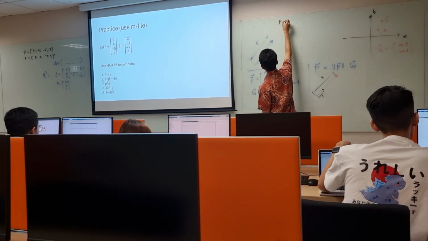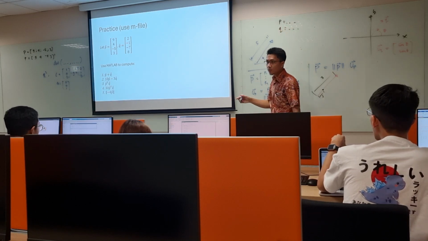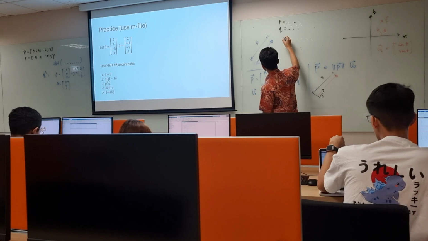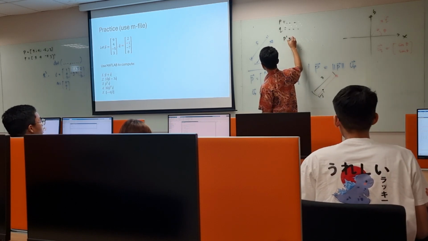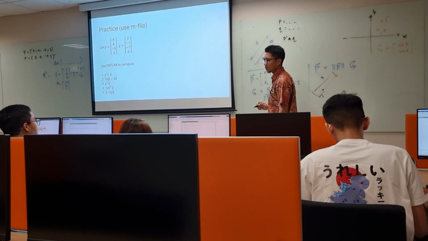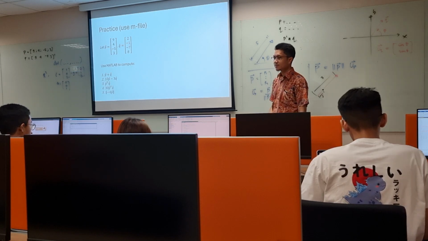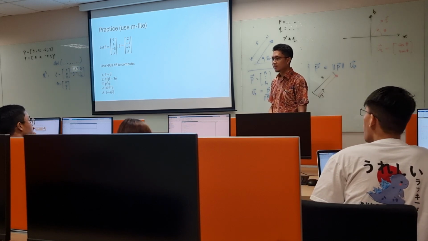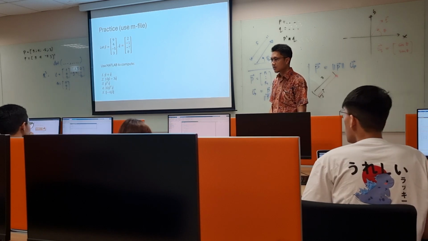Let's say you have P and Q already. For number 3, what you write down is P single quote and then asterisk Q. Although the result is the same.